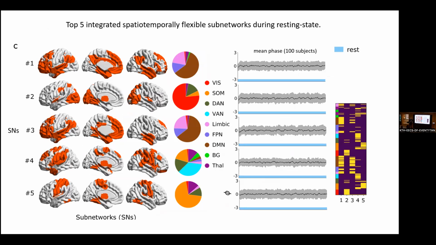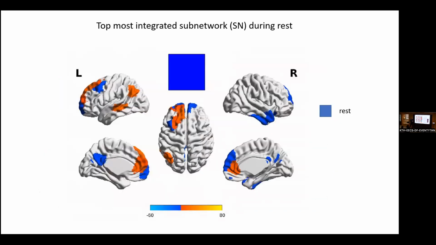Nobody tells you to do what, when. So all have their own phases, so to speak. So when you average over 100 subjects, it averages out. So this is doing rest. And I think you recognize this is the default mode network that handles back and forth. Changes both in time and space.